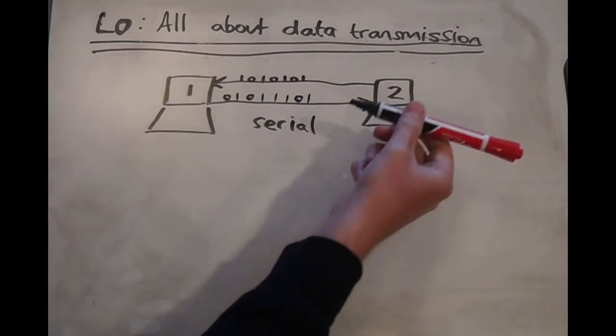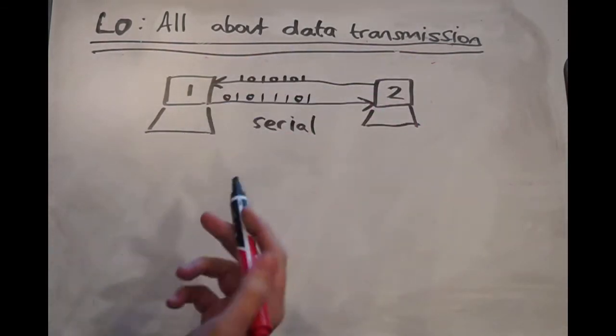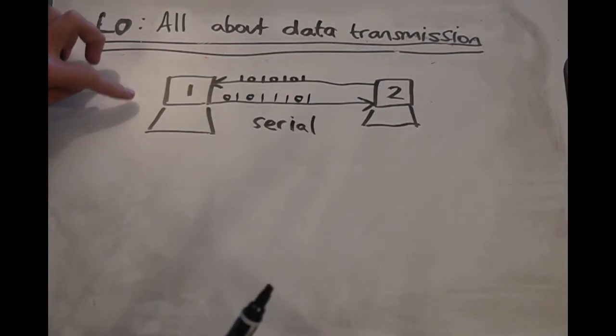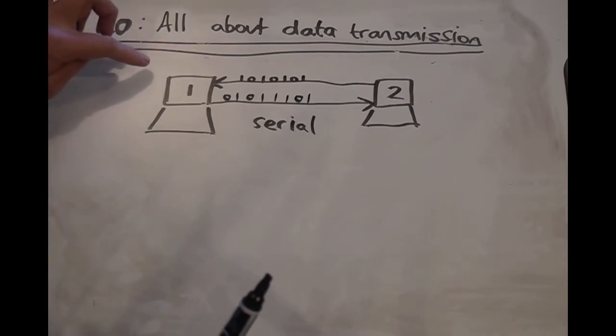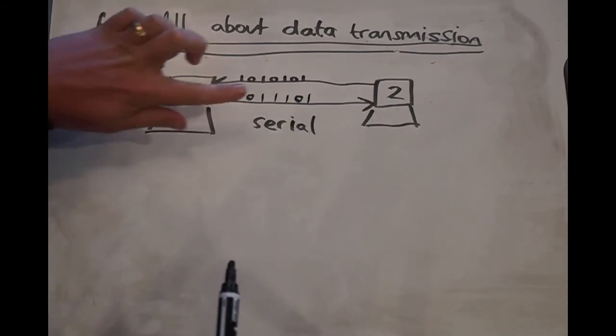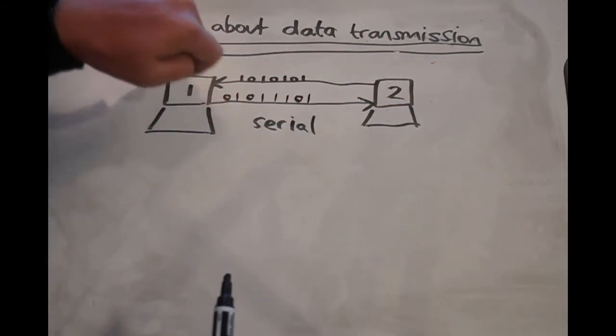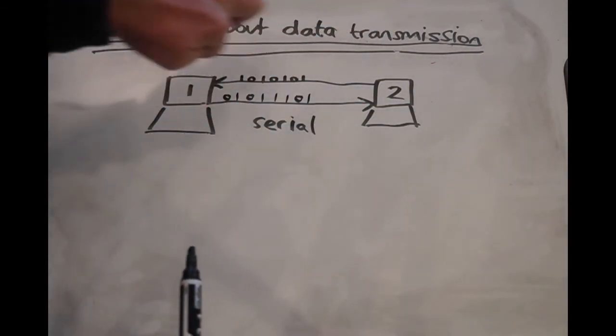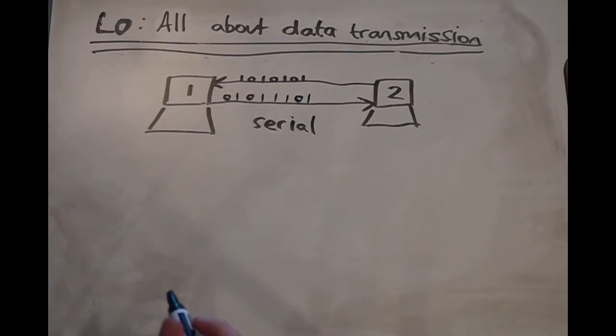We've just got two wires on here, just like a universal serial bus cable. In a universal serial bus cable, you will find two wires, one to transmit data one way, and another wire to transmit data the other way. So that's one way that we can transmit data serially, one bit at a time.